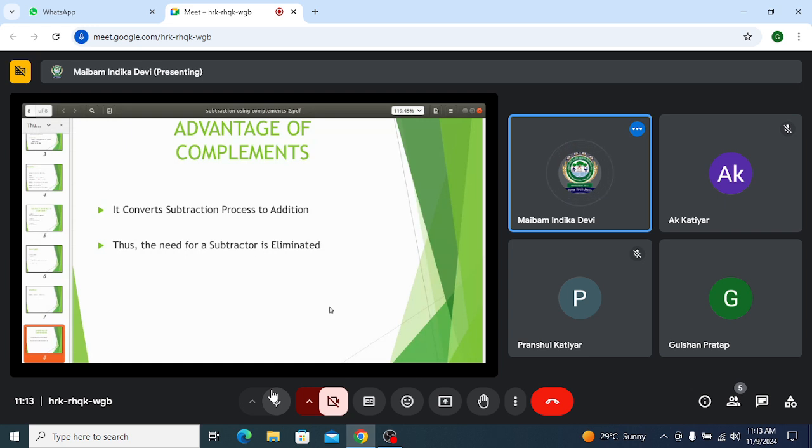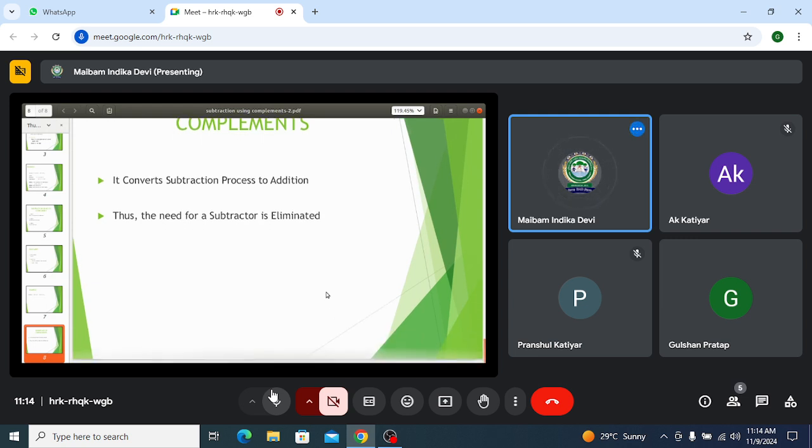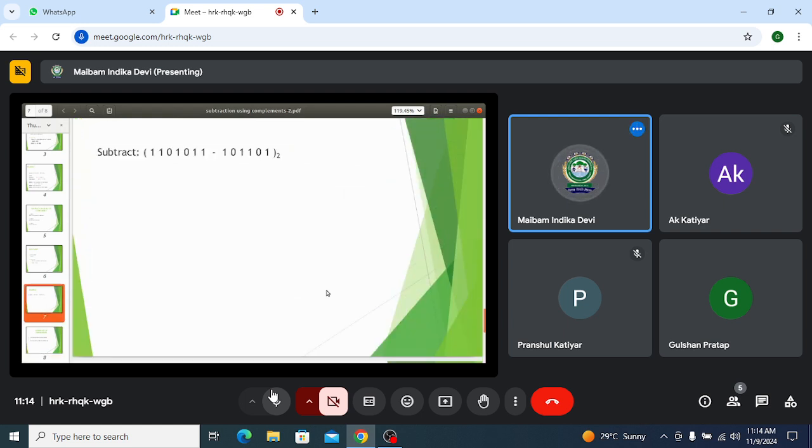So you have converted subtraction to addition through the use of complements, and therefore the need for a subtractor is also eliminated. If there is a question like why are we using complements, this is the answer. Clear?